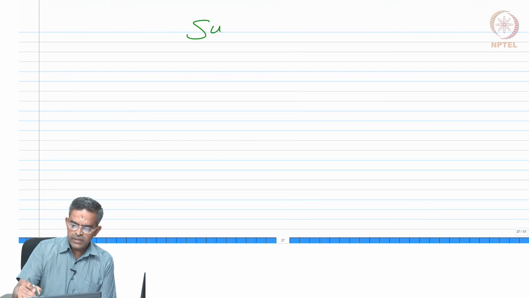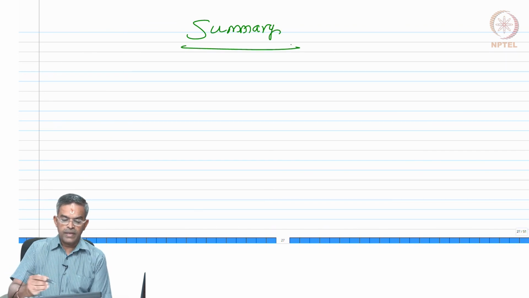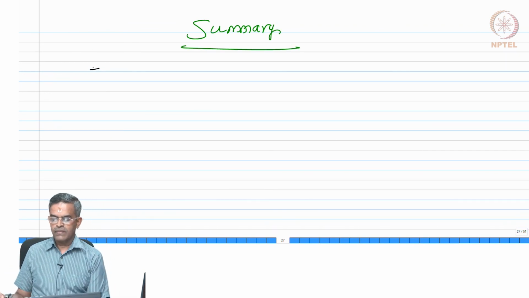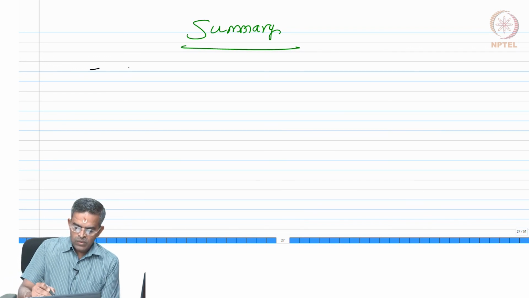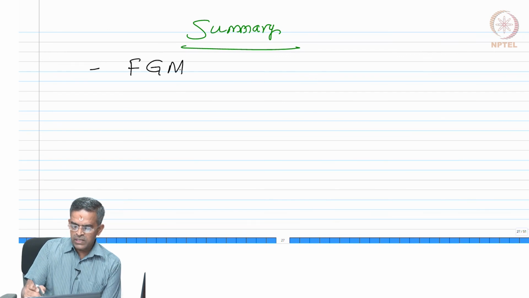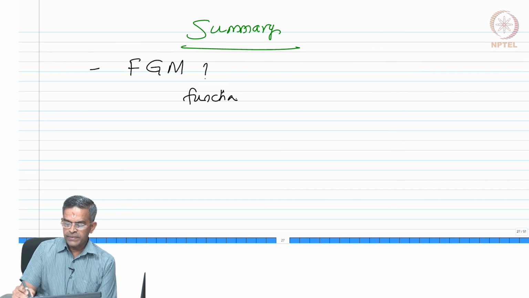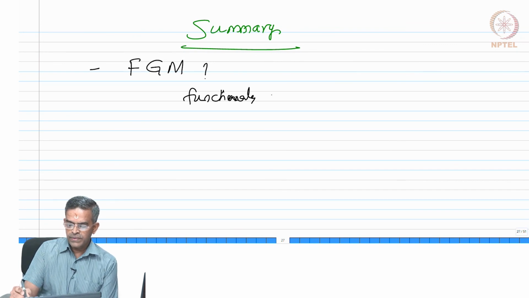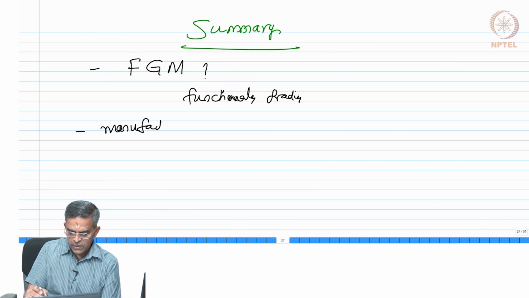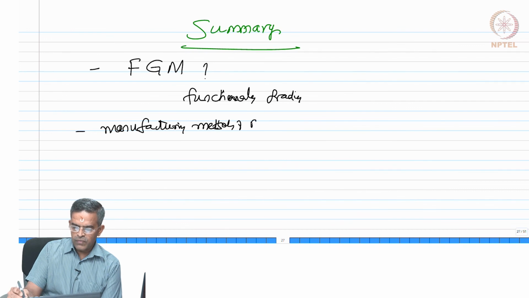So, as a summary in this lecture, let us see what we have learned. We learned what is a functionally graded material, what do you understand by functionally grading, what are various manufacturing methods of FGM.